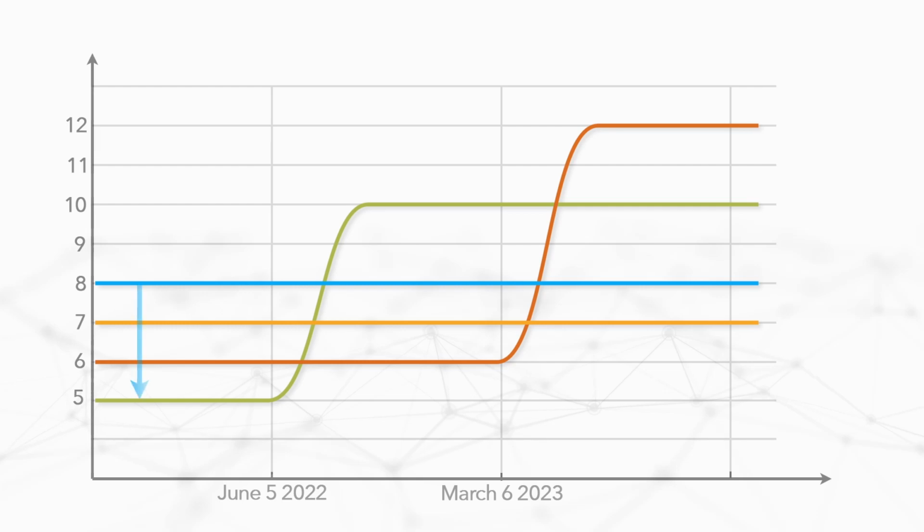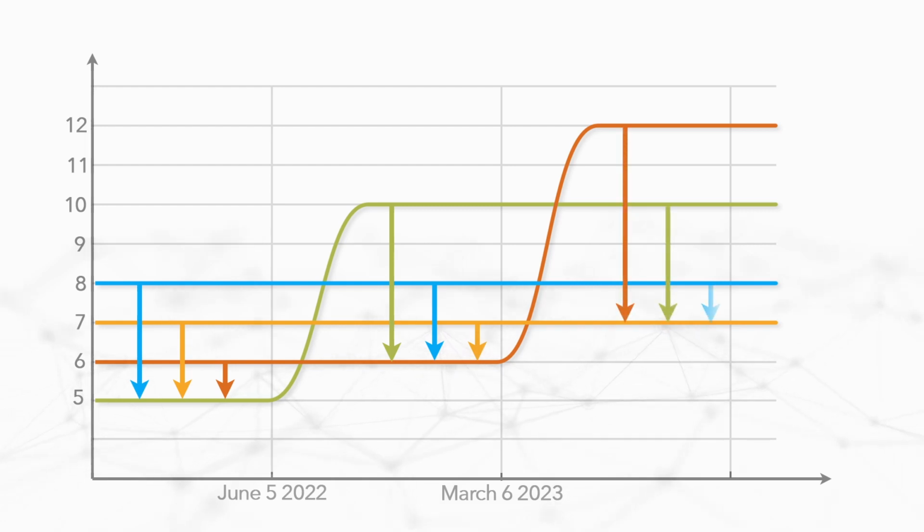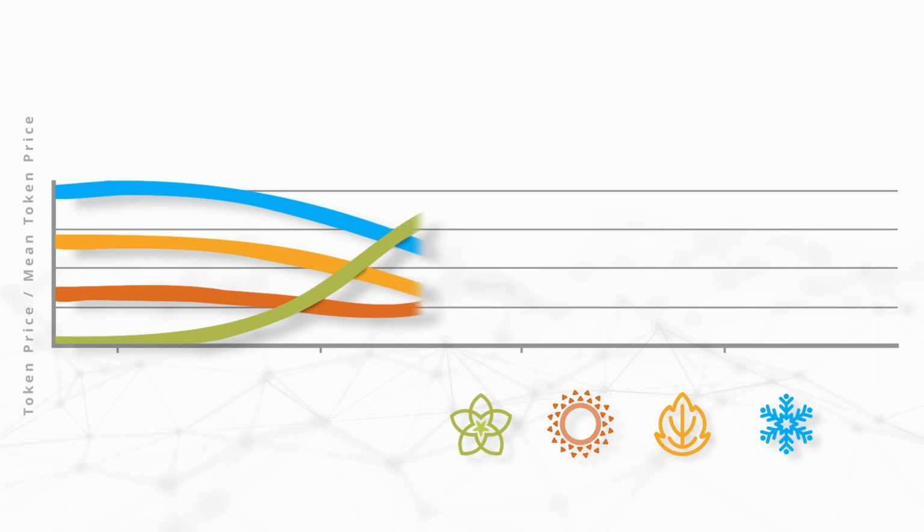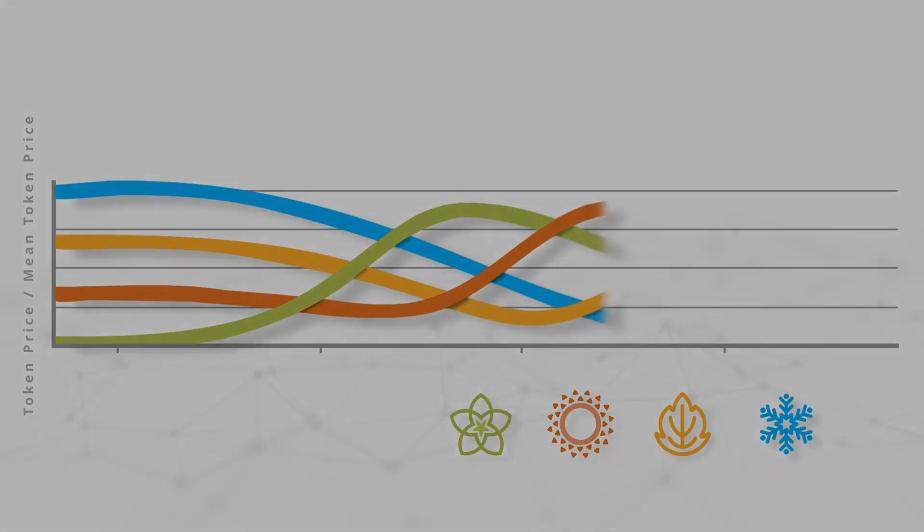Investors in seasonal tokens profit from the changing seasons by trading the more expensive tokens for the cheaper ones, increasing the total number of tokens they own with each trade. With each change of season, the cheapest token becomes the most expensive, allowing the investors to trade again.